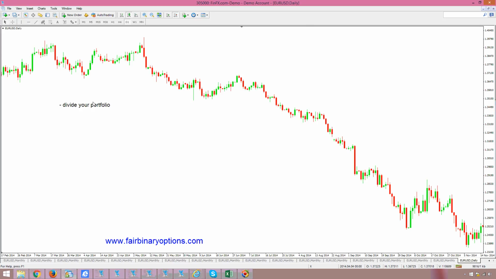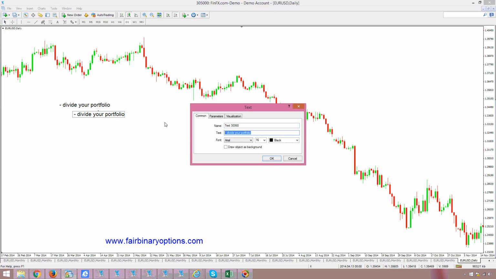First of all, whenever you decide to invest or take part in these financial markets and you want to trade currencies or options or whatever, in our case binary options, you've got to decide on the amount to be invested. So number one is the amount to be invested.